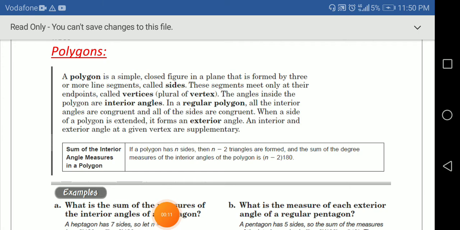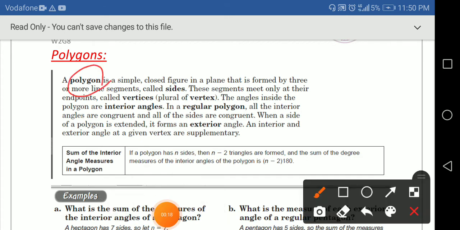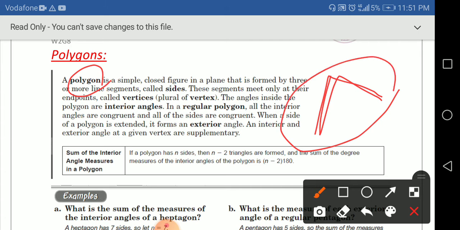When I talk about a polygon, we know that a polygon is a geometric figure that consists of segments, and at least 3 segments. Why? Because if I have just 2 segments, this is an open figure, and a polygon must be a closed one. Remember that.